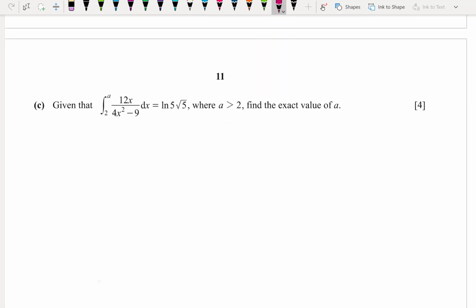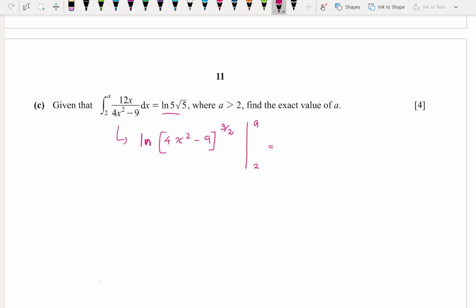Question number C says, same thing, integrated from 2 to a, and the answer is given to be this. Okay, so earlier we have seen this is essentially, Amrita, ln 4x square minus 9, we have seen it 2 minutes ago, to the power 3 by 2, right? Now, because it is a definite integral, we can ignore that c, but here it has to go from 2 to a.